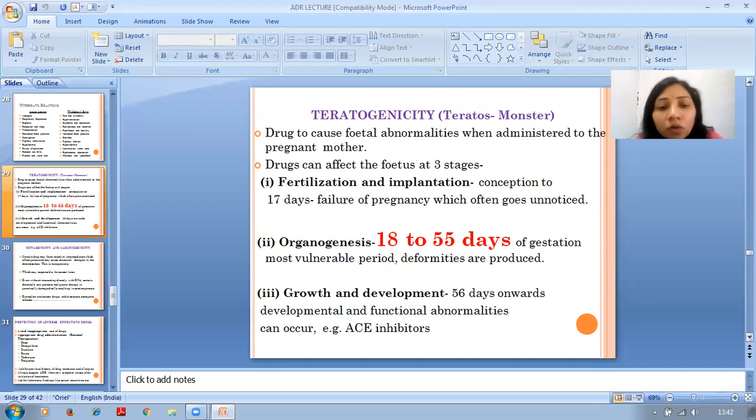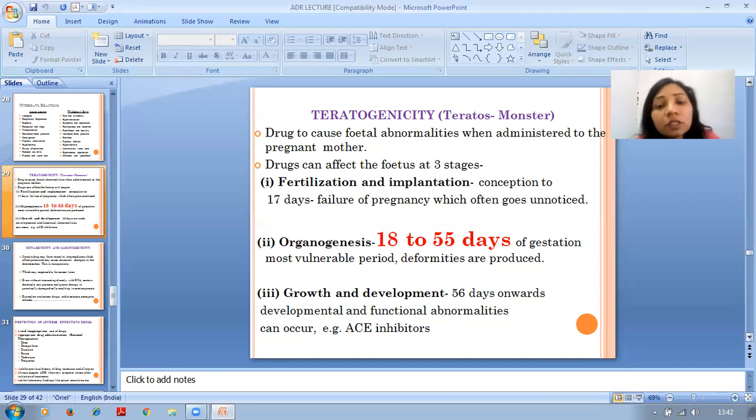Then the next period is growth and development, from 56 days onward. During this period, developmental and functional abnormalities can occur if the person takes a drug.